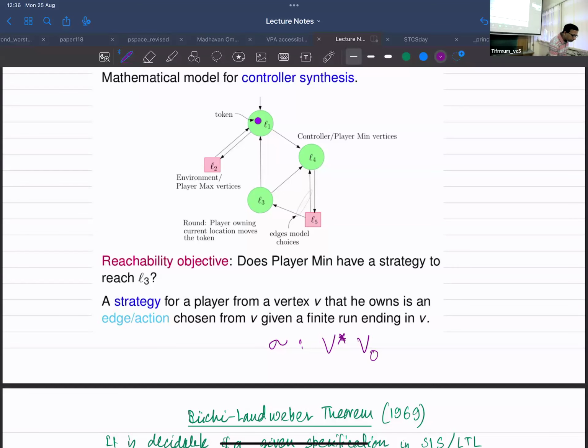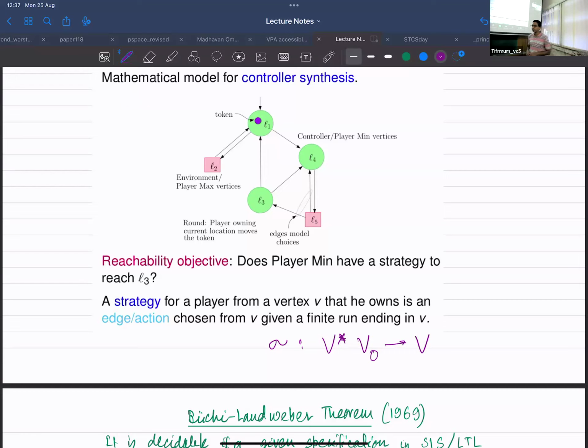Suppose you are reaching a circle vertex, it tells you which vertex to move to next. This is a deterministic strategy, just to keep things simple. I'm not doing any kind of randomization. I don't need a more complex, randomized strategy. I don't need to mix among my outgoing edges.